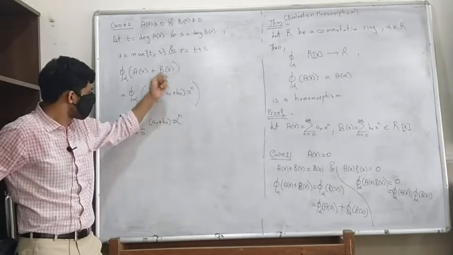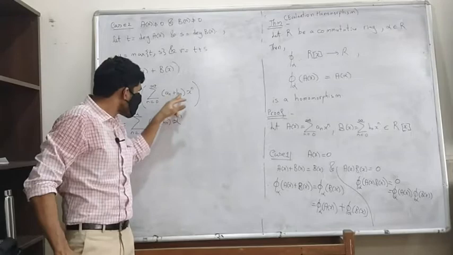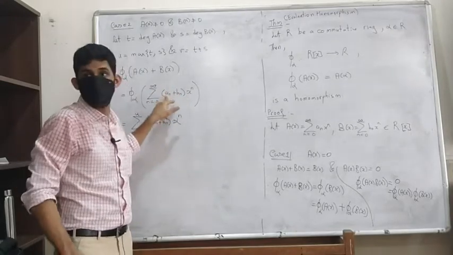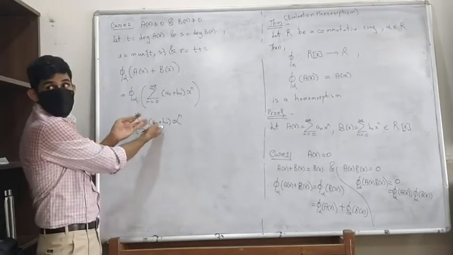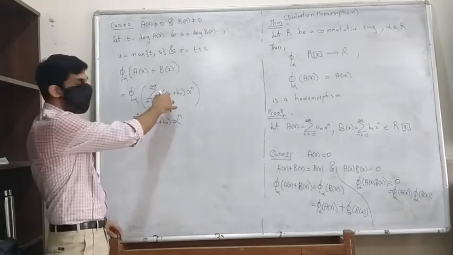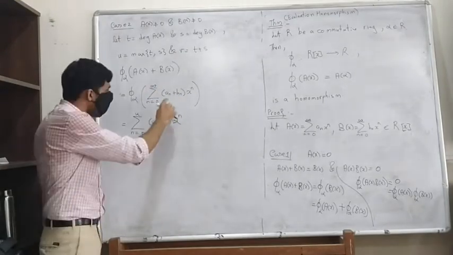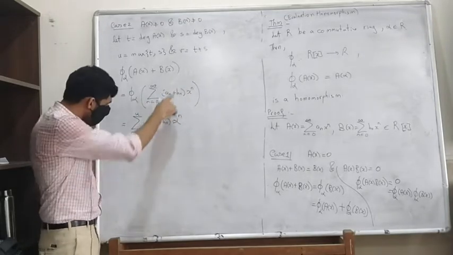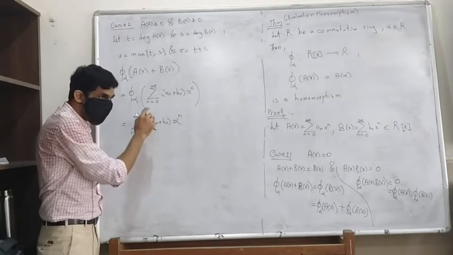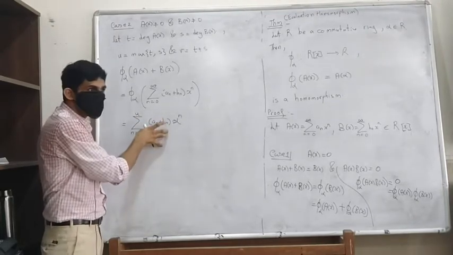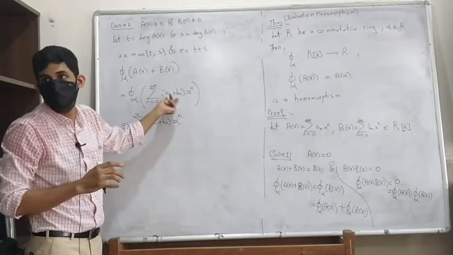By definition, if this is 0, that means all these a n's and b n's sum to 0, that is, all the a n plus b n's are 0. What does it mean to say that the polynomial is 0? All these coefficients are 0. That will mean that this is also 0. This is an element of the ring. So this will work when this is a 0 polynomial.